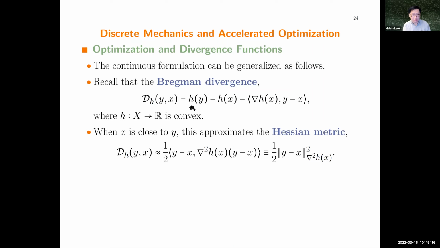It's an approach which is due to Michael Jordan at Berkeley. As before, if you recall that you have this Bregman divergence, then when those two points are close together, it approximates this Hessian metric, which is given here.